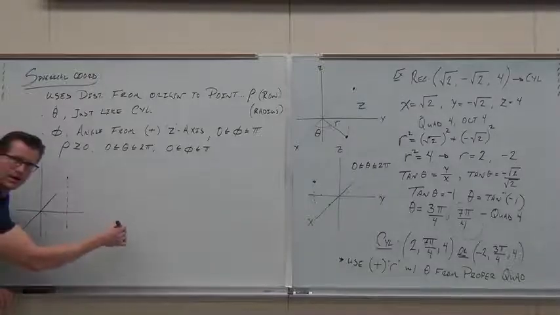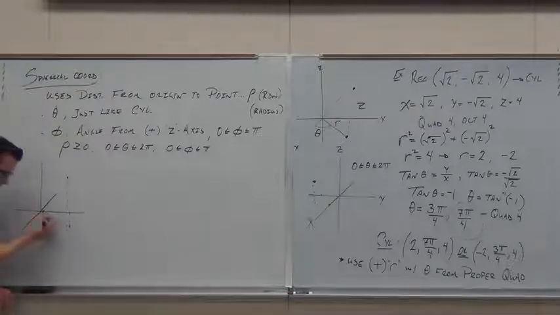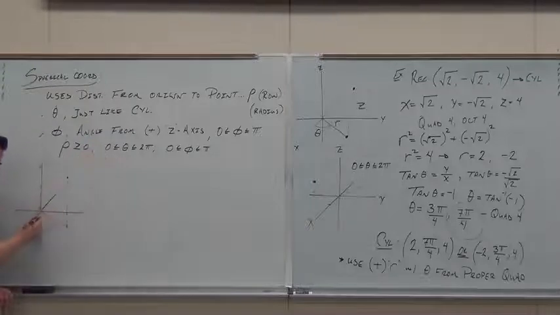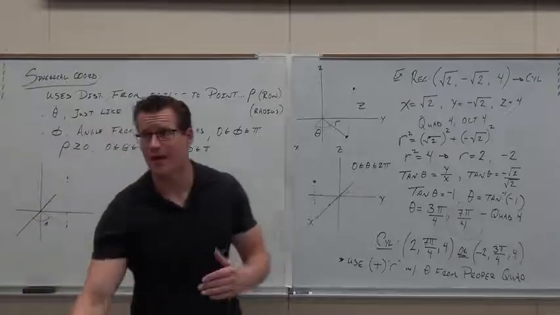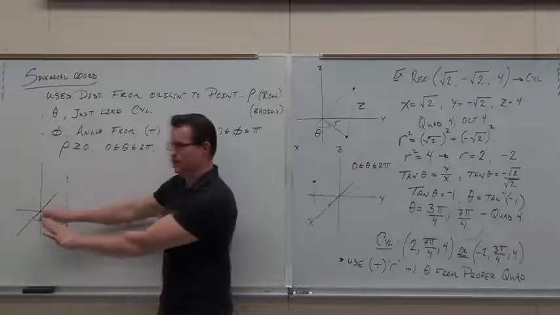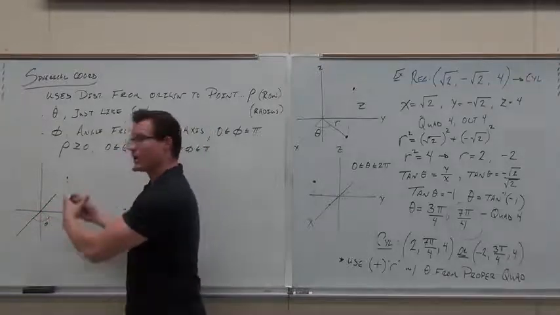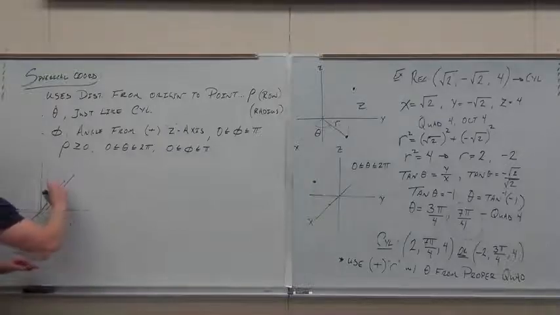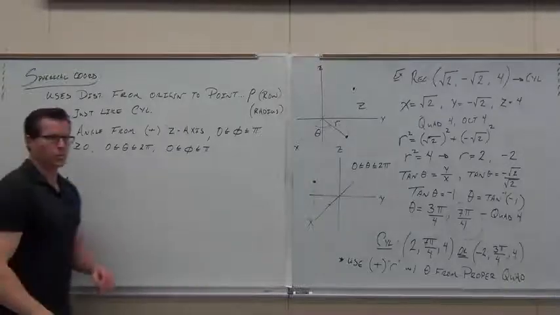We still have this angle. We still have this distance here, but we don't define it in spherical. What we do have is the same exact theta. So the theta is still the angle from the positive x-axis to where the projection of that point is in the xy plane. It's still that same angle. We don't have a z anymore. What we do have instead is a rho.